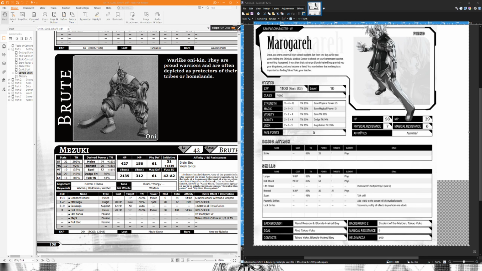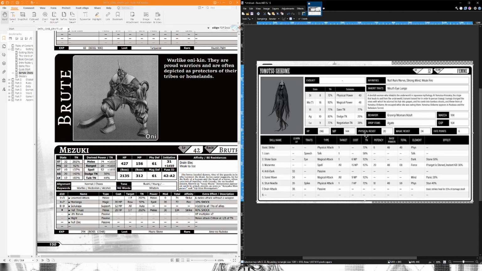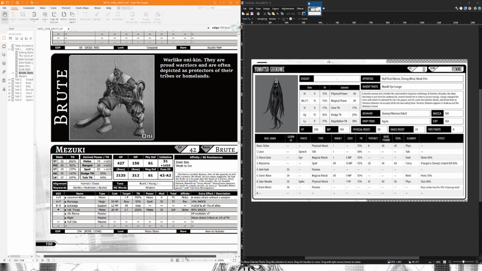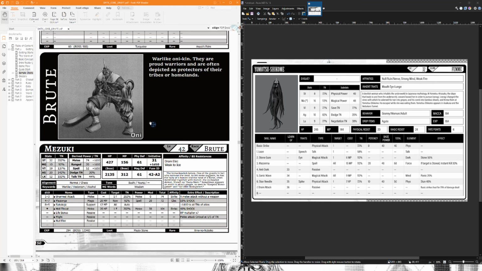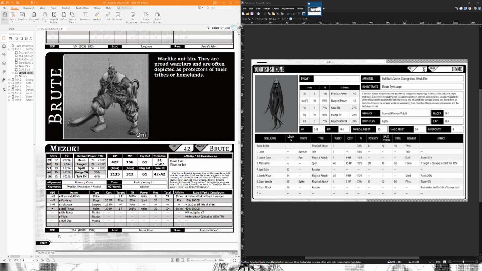Let me grab a stat block from Tokyo Conception. It might be better if I were to grab the same kind of demon, but whatever. That's besides the point. So here we can see that the actual blocks themselves are smaller because they don't include a picture.